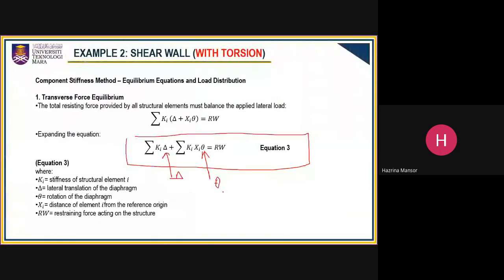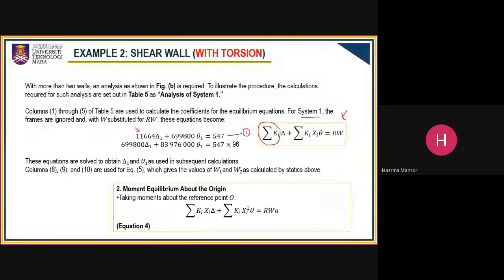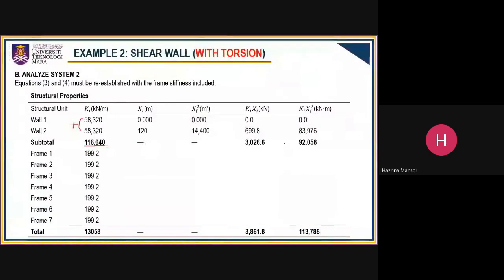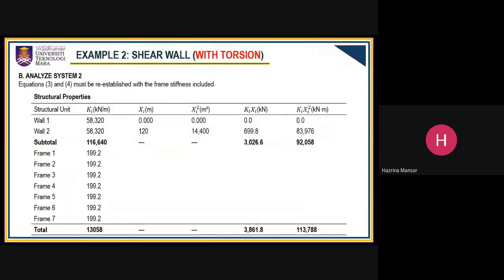So here, if you look here, you have the value of KiXi, meaning that you can calculate it by having the first value, which is 58320 times 0. So you will get 0. Okay, you will get 0.